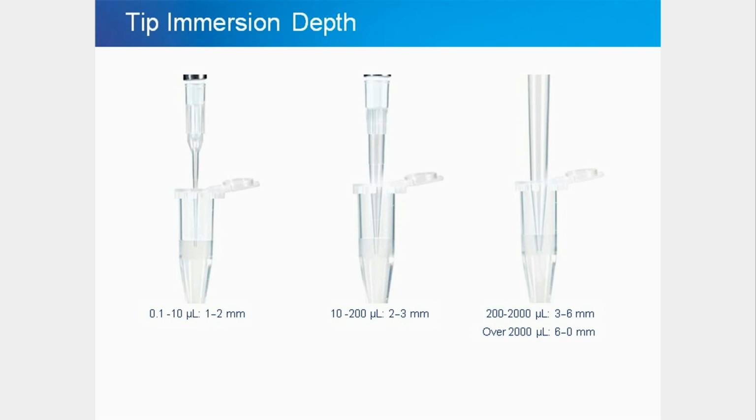Based on our studies, the impact on larger volume pipettes is far less significant than on micro-volume pipettes. For accurate and precise results, Rainin suggests maintaining the recommended immersion depths shown on this slide. As a general guideline, the pipette tip should just break the surface of the liquid sample.